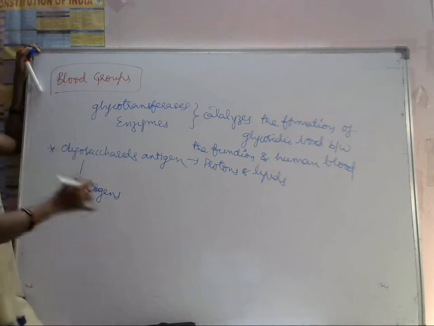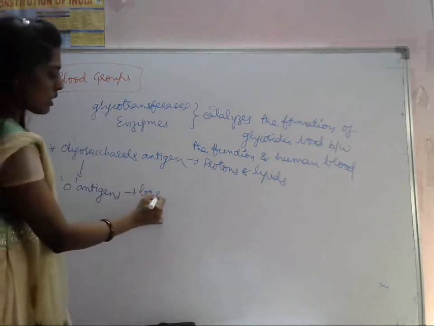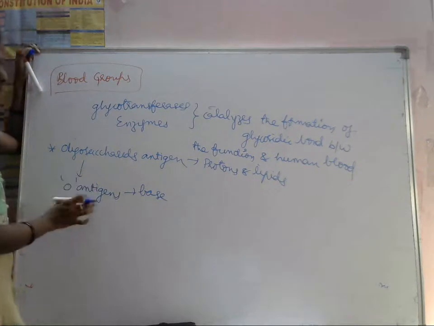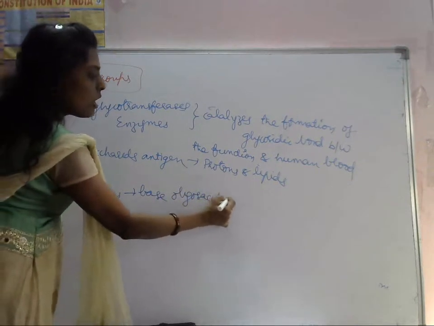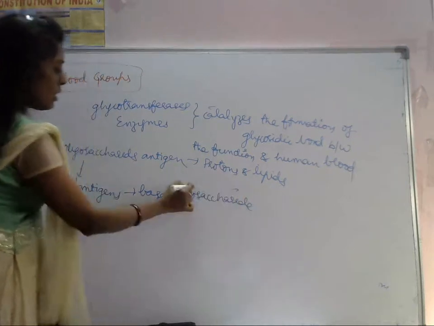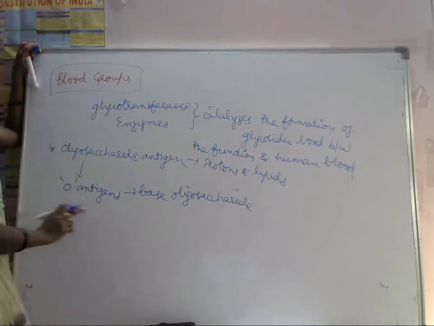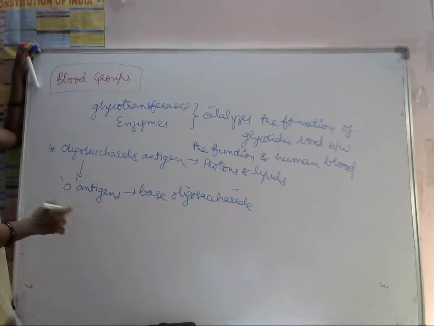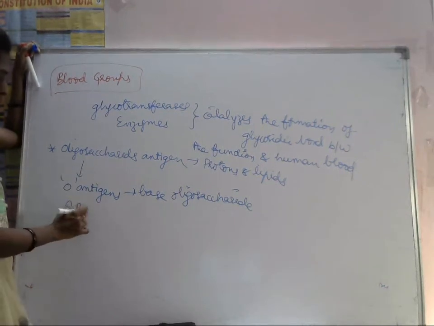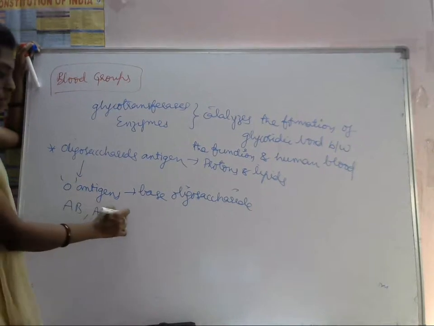So this is the basic oligosaccharide, the base oligosaccharide. Every human contains O antigens, which are found in all three types: A, B, and AB.